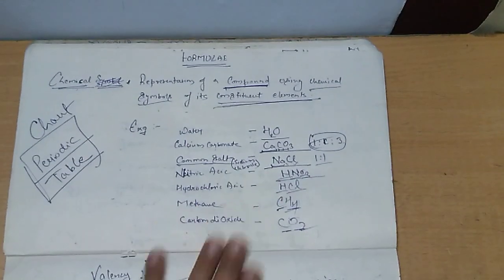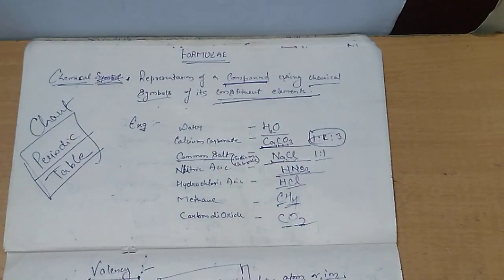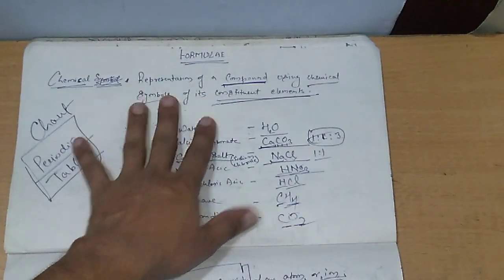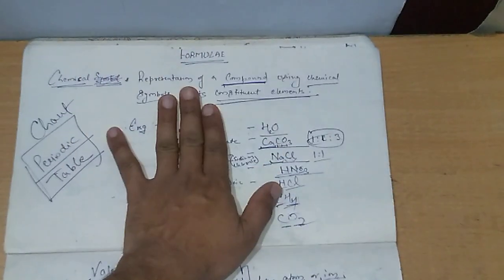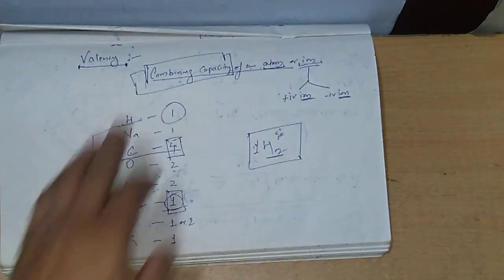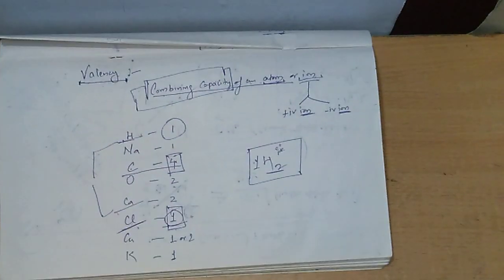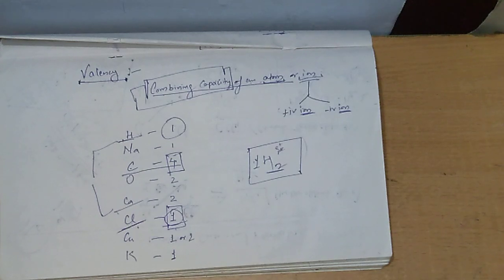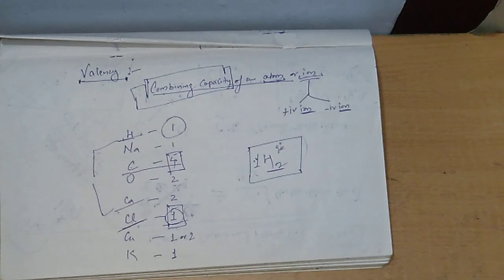Now we need to understand what valencies are. We are going to learn how a formula is made, and to learn this, first of all we need to understand valencies. Valencies are basically the combining capacity of an atom of an element or an ion.